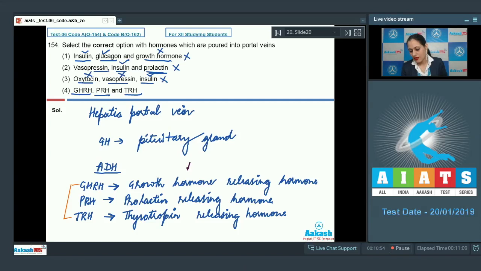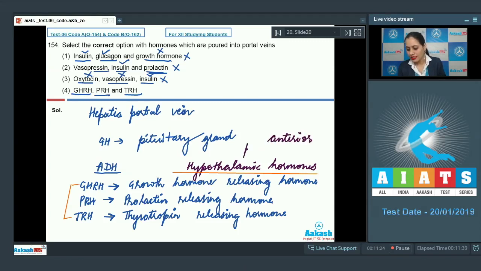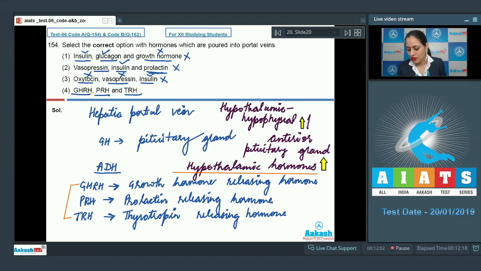These are hypothalamic hormones which are poured into the anterior pituitary gland through this hypothalamic hypophyseal portal vein.